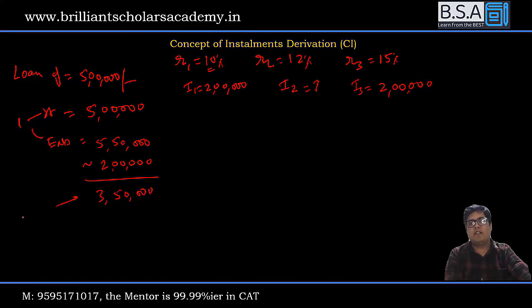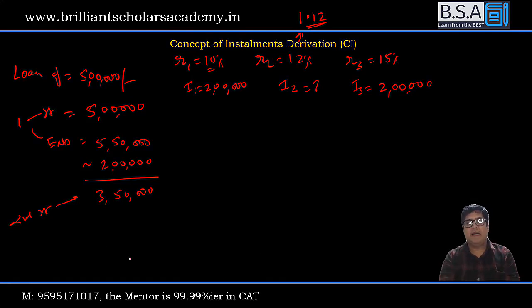Now this is the second year start. Now I will need a calculator, obviously. Second year start, the loan amount is 3,50,000. I will increase that by 12%. How do you increase 12%? You multiply 1.12. 3,50,000 multiplied with 1.12.